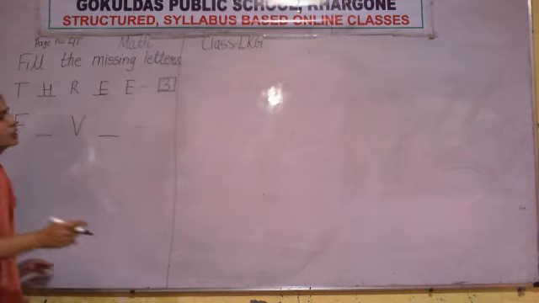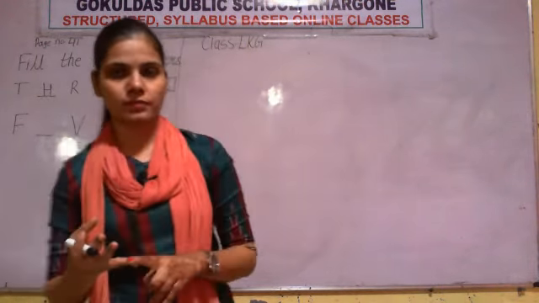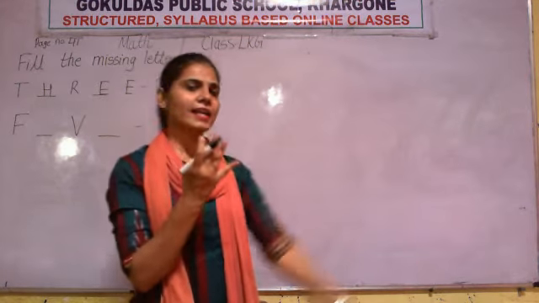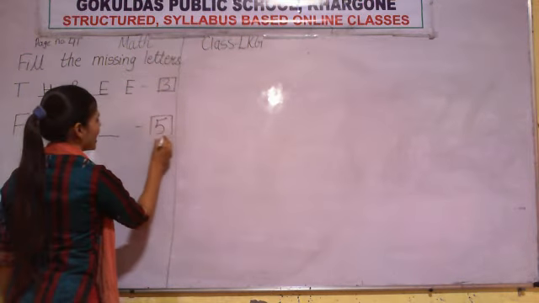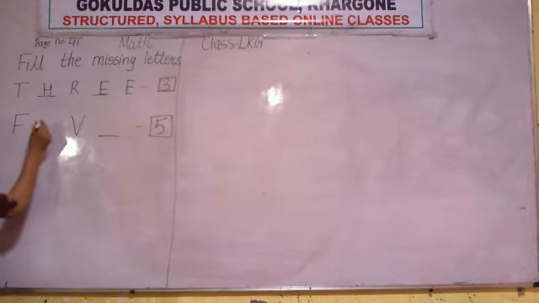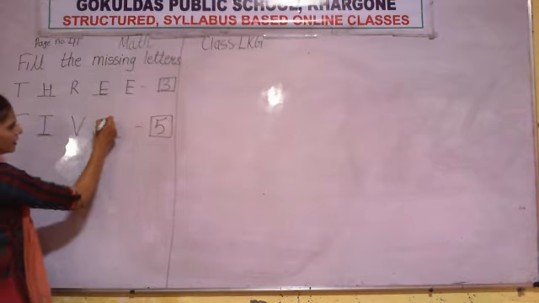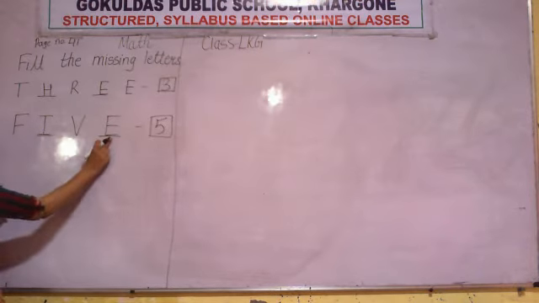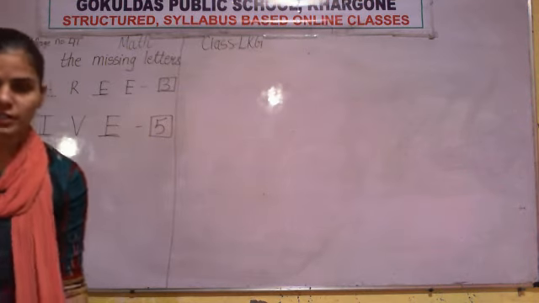Okay. Now tell me what is the name of number 5? F-I-V-E, 5. The name of number 5, F-I-V-E, 5. So same you write here. You write I and write E on the sleeping line.